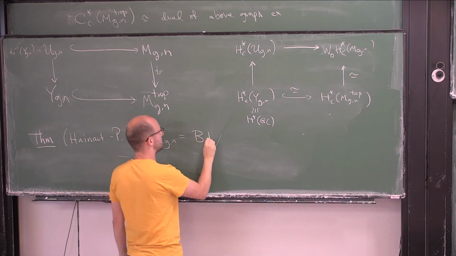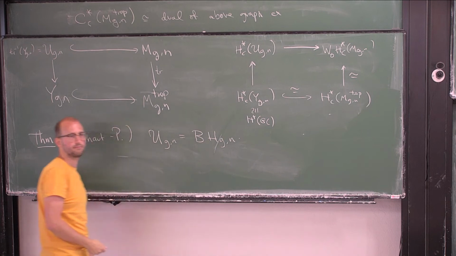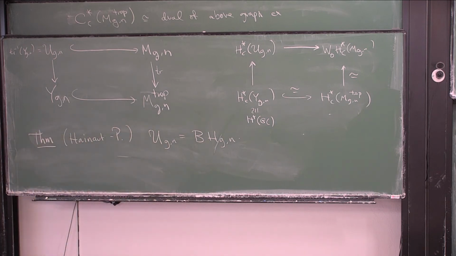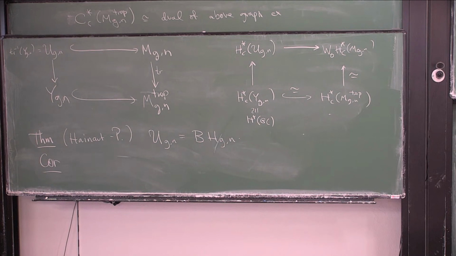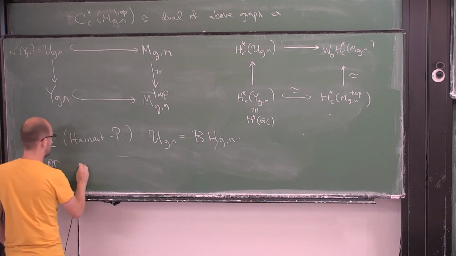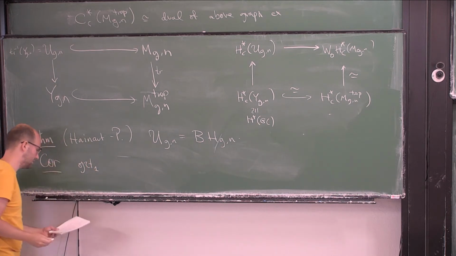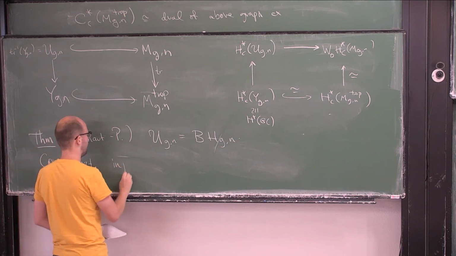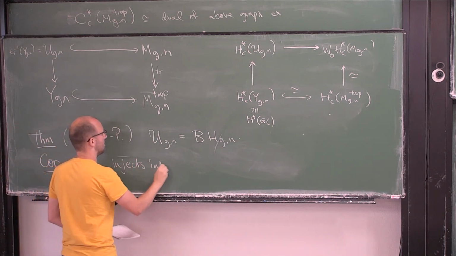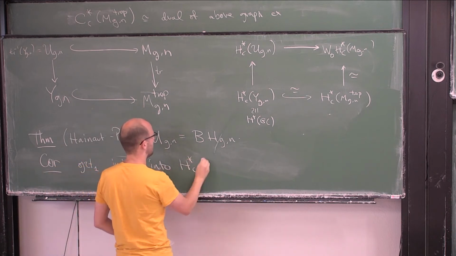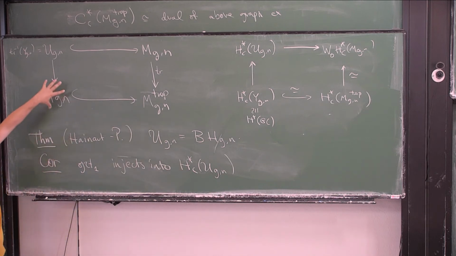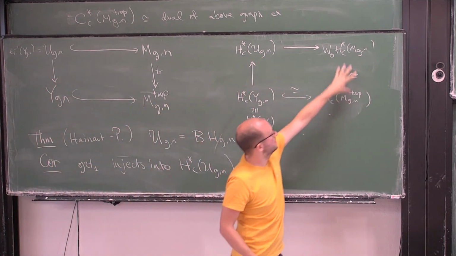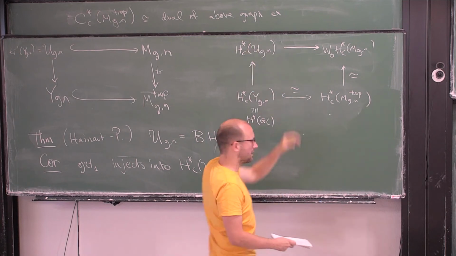UGM is the classifying space of the handlebody group. So a corollary is that GRT1 is going to inject into here, because GRT1 is in here and it survives this, so it's going to survive into here as well.